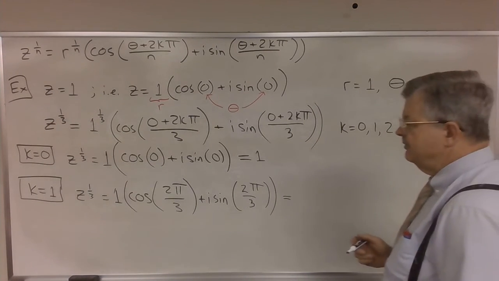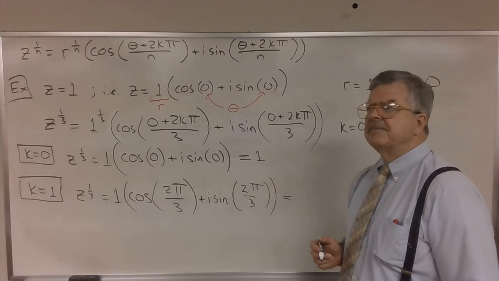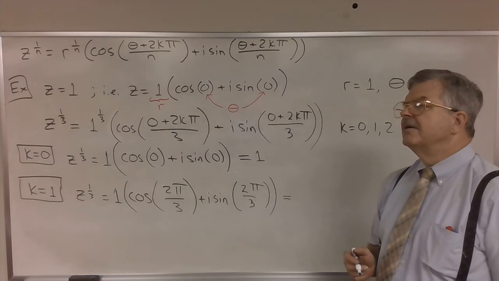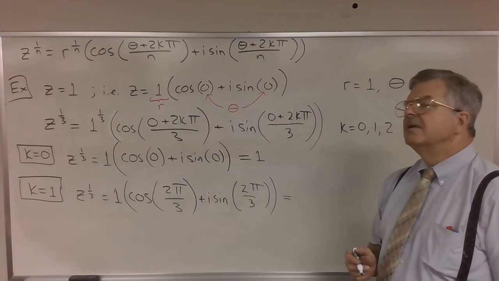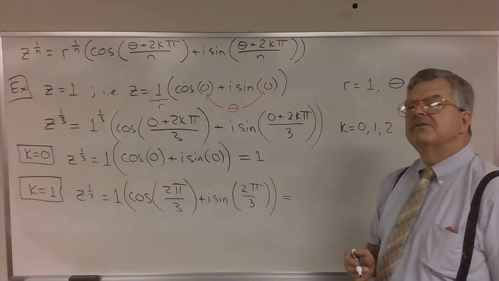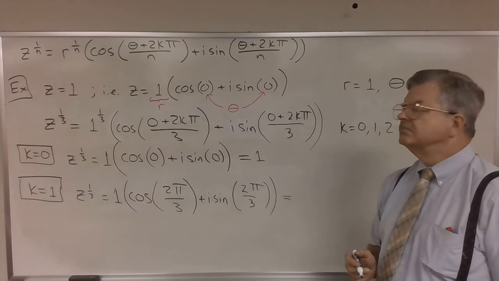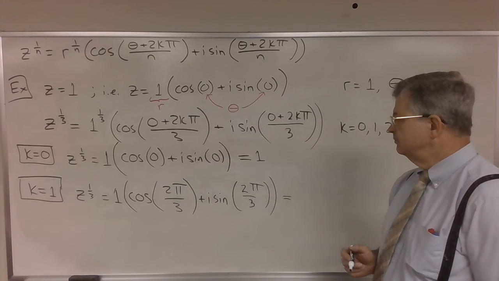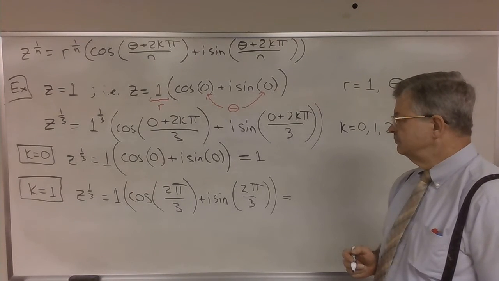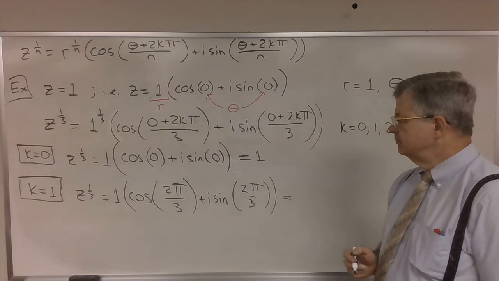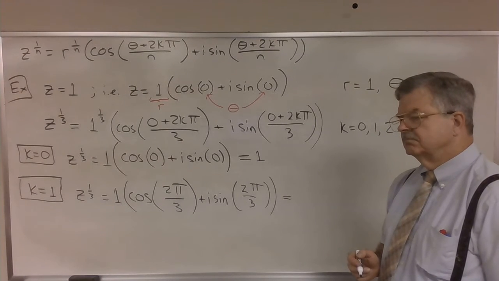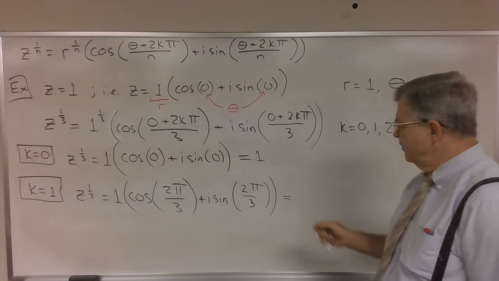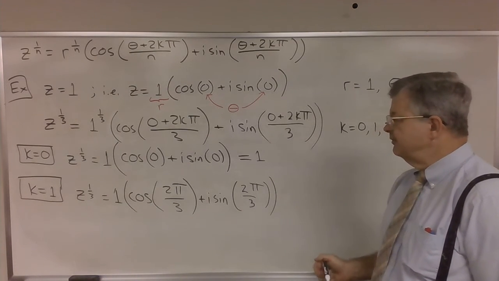Okay, cosine of 2 pi over 3. Well, tell you what, let's leave it in this form.